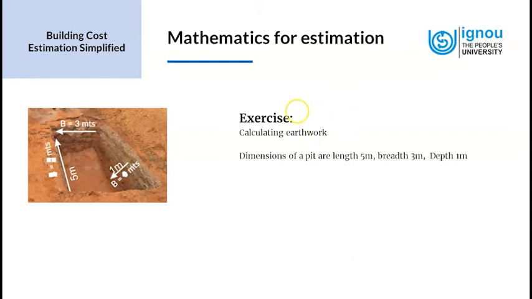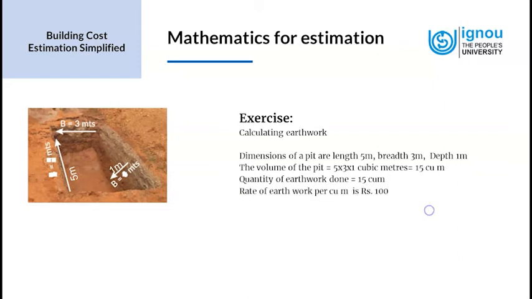So we have a pit with dimensions of length 5 meters, breadth 3 meters, and depth 1 meter. The volume of the pit is length into breadth into height, which is 5 into 3 into 1 cubic meters, which is 15 cubic meters. The quantity of earthwork done will be the volume of the pit, and that is 15 cubic meters. Now the rate of earthwork per cubic meter is rupees 100.